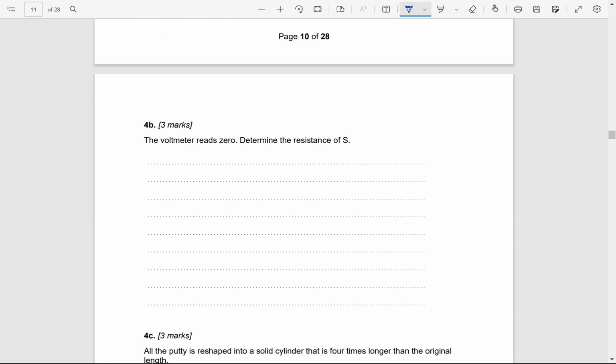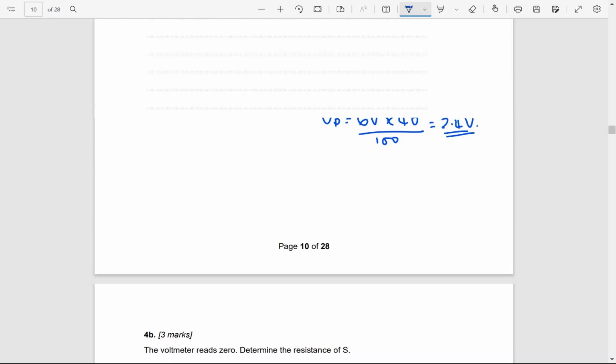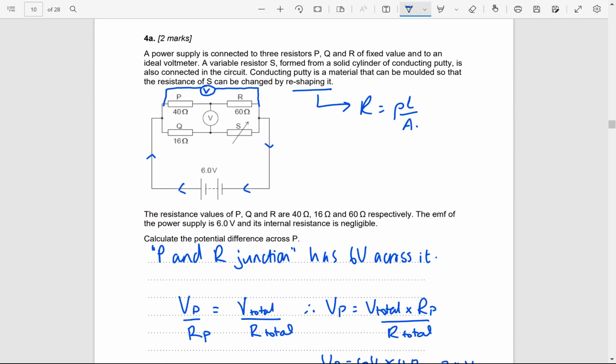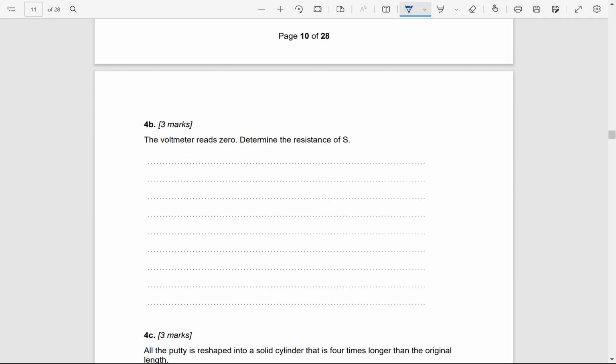The voltmeter in the diagram reads 0. Determine the resistance of S. Right, so I'm just going to remove this voltmeter that I've put in. So this one here reads 0. Now, if that reads 0, then we have 2.4 volts across Q. So if we've got 2.4 volts in this bit, and the difference between the voltage of P and the voltage of Q is 0, then this must be 2.4 as well.